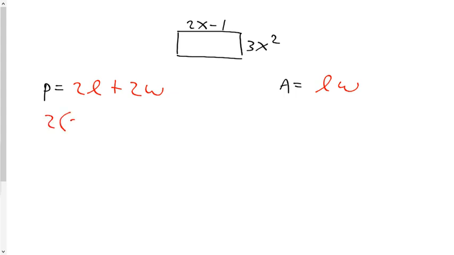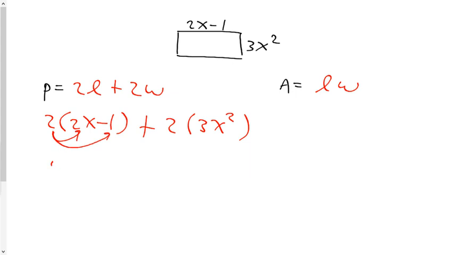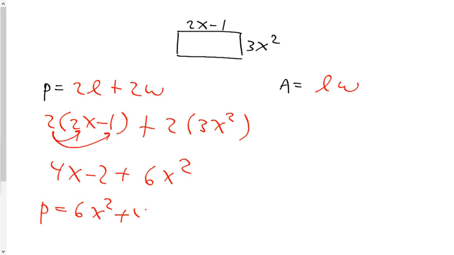We would have 2 2x minus 1s, and we have 2 3x squareds. Using distributive property, we get 4x minus 2 plus 6x squared, which technically is our answer. But we always know it's best form to reorder them in descending degree of terms. So therefore, your perimeter would be, in descending degree of terms, that trinomial.